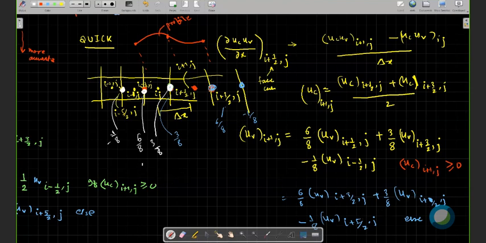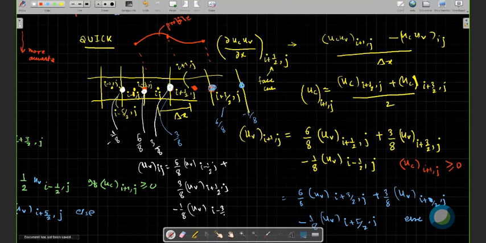So UVij will be equal to 6 by 8 of UV I minus half j, plus 3 by 8 of UV I plus half j, and minus 1 by 8 for the extreme left, which is UV I minus 3 by 2 j.